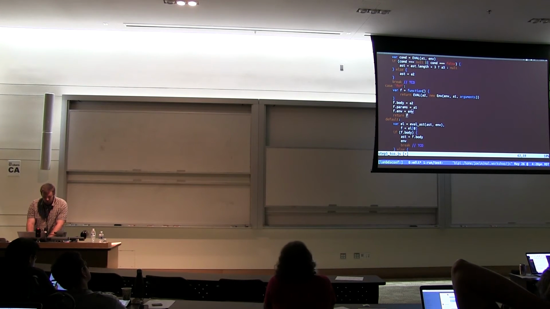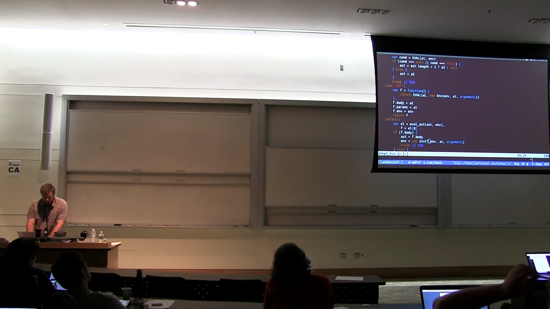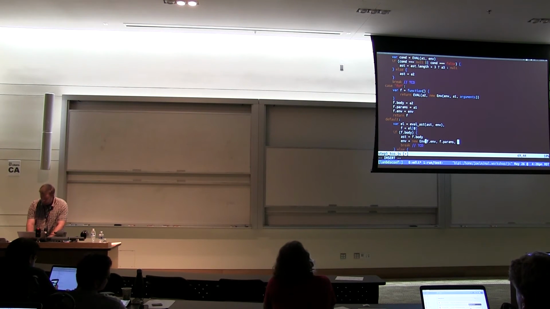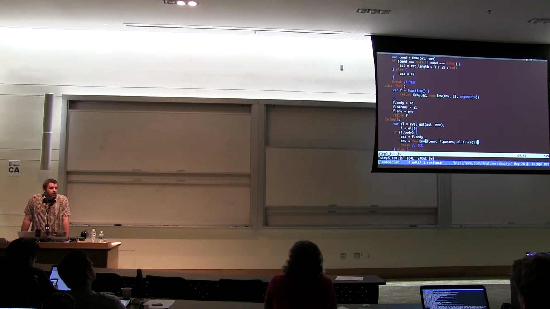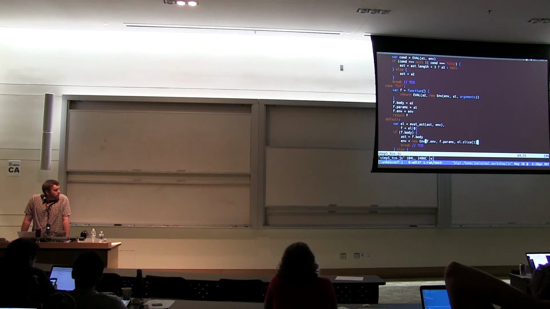But instead of doing that function call, okay, so when we call a mal-defined function, rather than just calling it directly, the closure that it represents, what we're going to do is set our AST, update it to be the body that we captured before, and we're going to create a new environment, and set eval's environment to it.